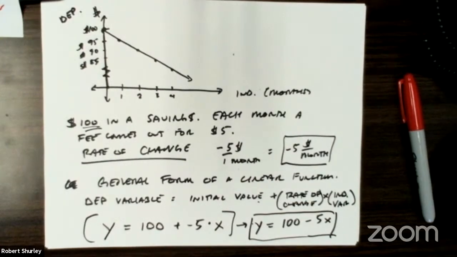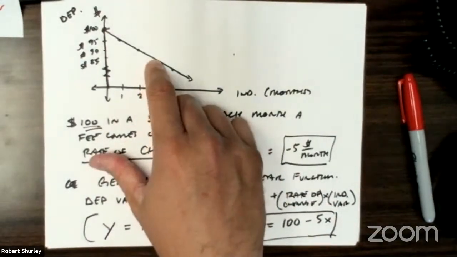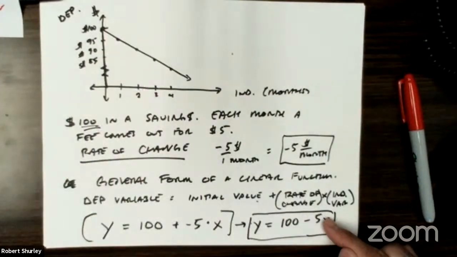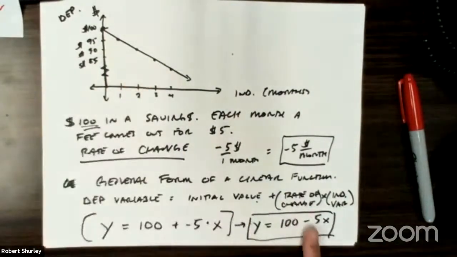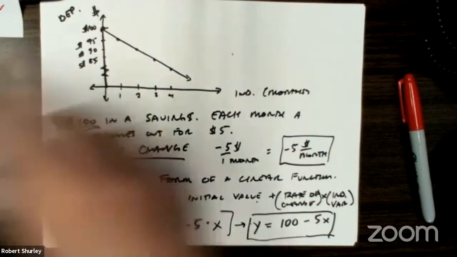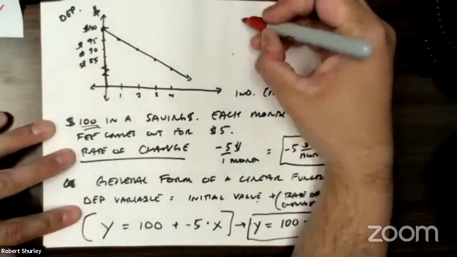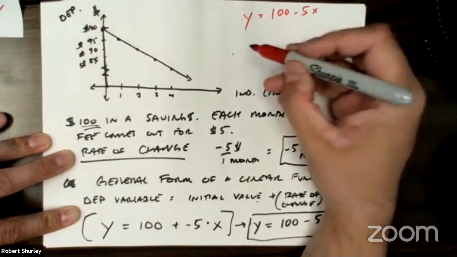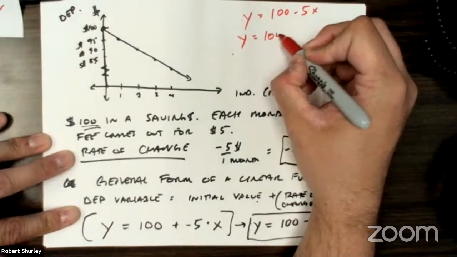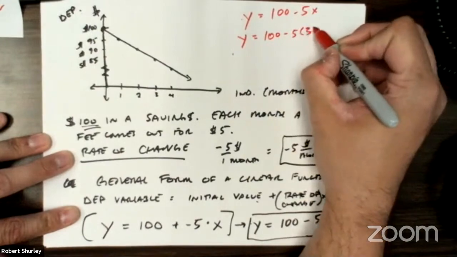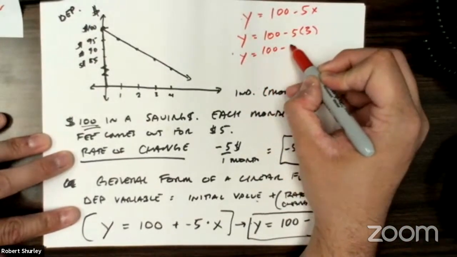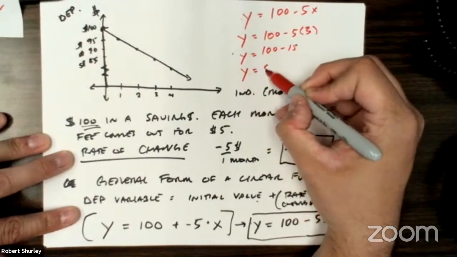And think about this, if we chose a month that we know, in month 3 we're going to be at $85. Let's plug month 3 into this independent variable. If I plug 3 in, I'd have, okay, you know what, I'm going to do it up here. So I've got y equals 100 minus 5 times x, right? y equals 100 minus 5 times, well, what's happening in the third month? 100 minus 15, yep, y equals 85.